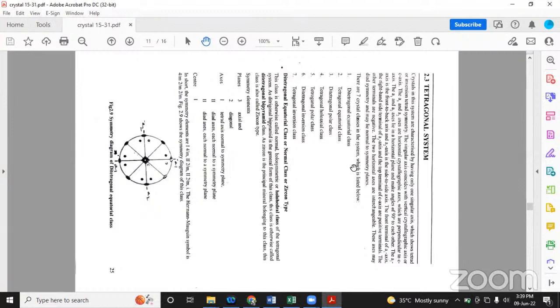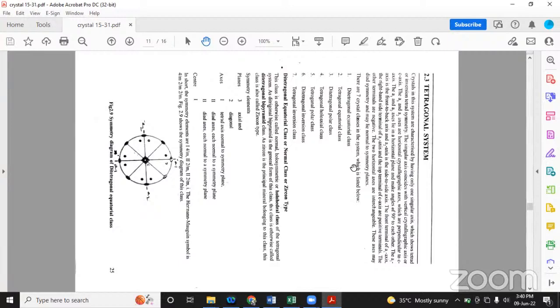This system is characterized by having only one singular axis. There are 7 symmetry classes in this tetragonal system.